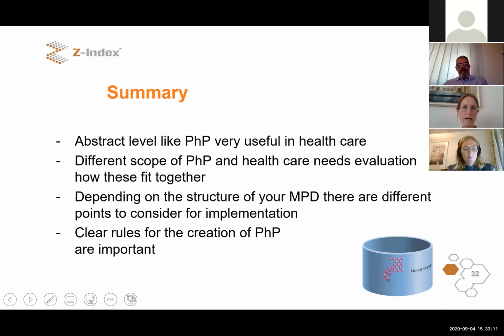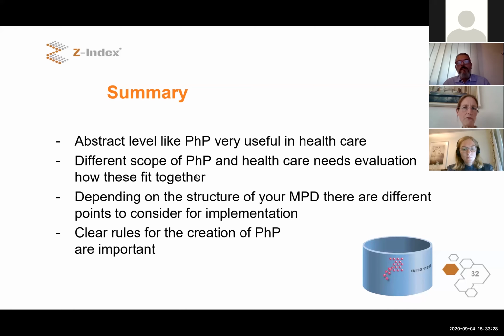So when I summarize the place of the PHP in healthcare and in the medicinal product dictionary, I think at an abstract level the PHP will be very useful in healthcare for the several use cases that I explained.